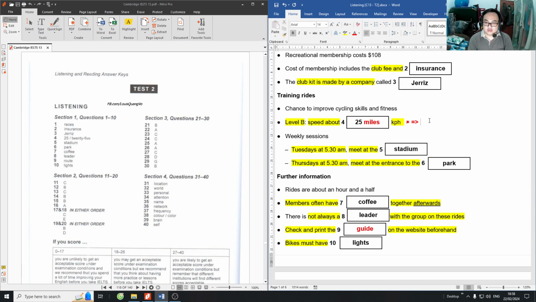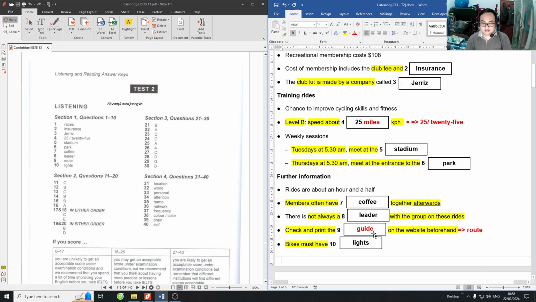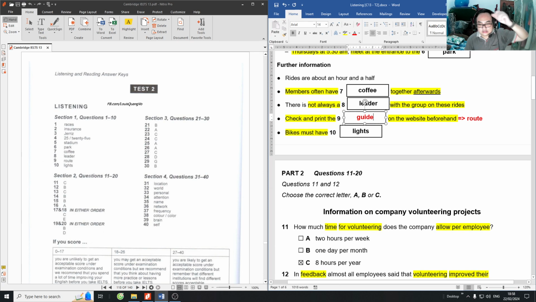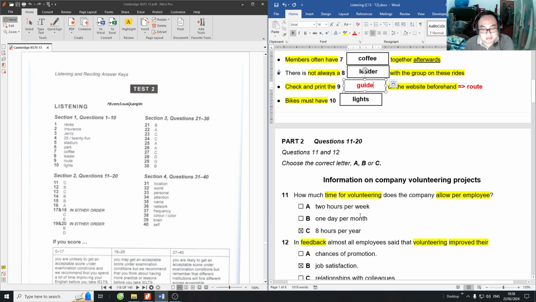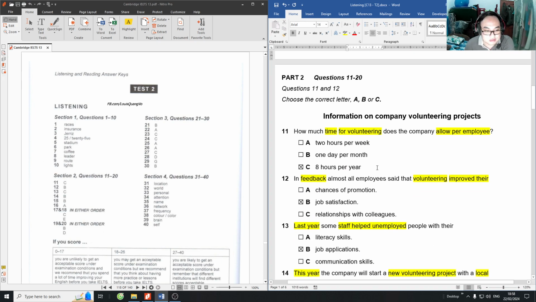The correct answer should be 25. I lost my concentration at this sentence. That's why I got it wrong. I lost my concentration here. But I even lost more concentration here, man.